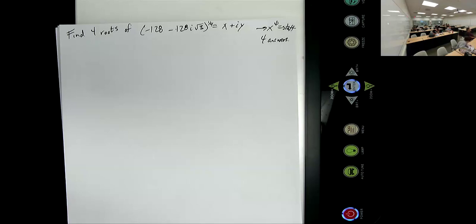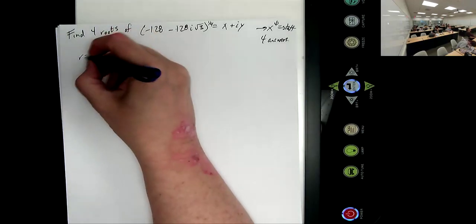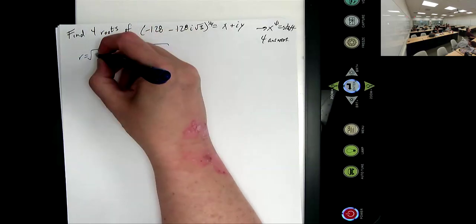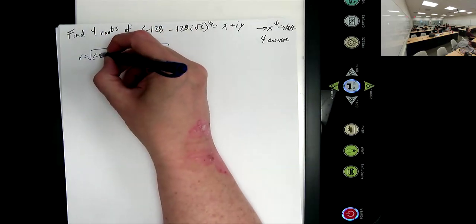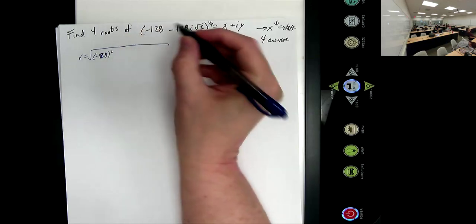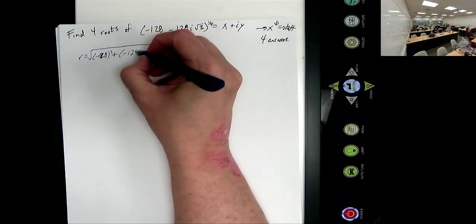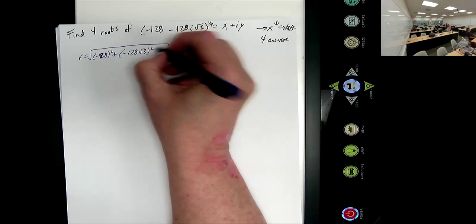R equals that formula, right, negative 128 squared plus negative 128 root 3 squared. Define R. We need to find R. R is gonna be the square root of negative 128 squared plus negative 128 root 3 squared.